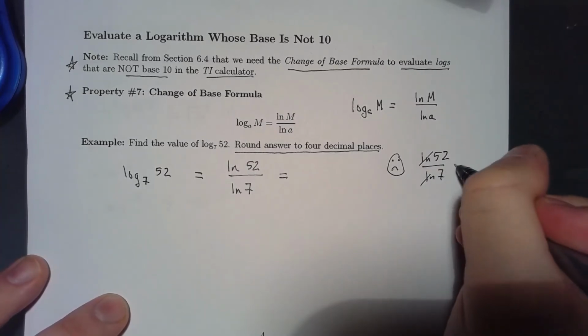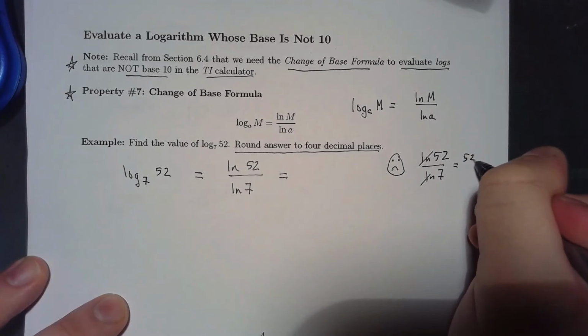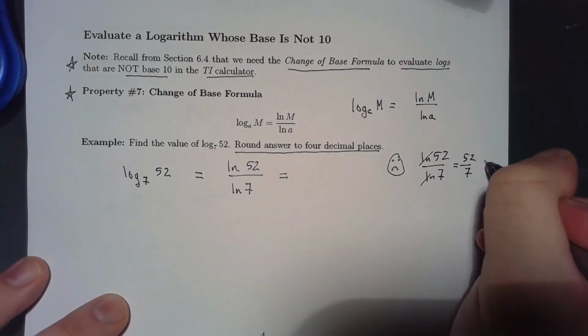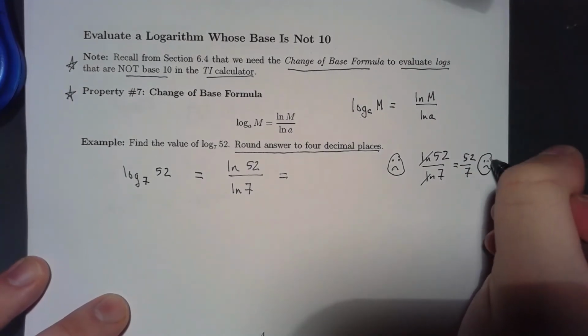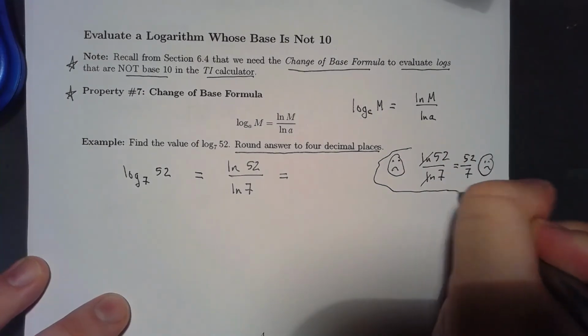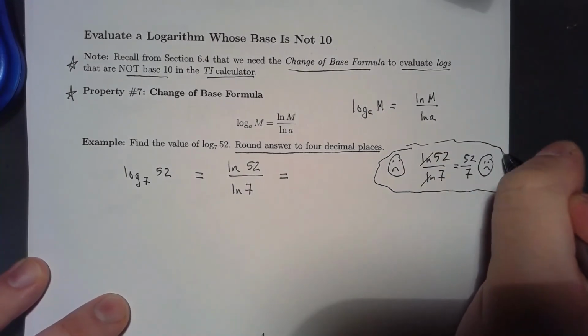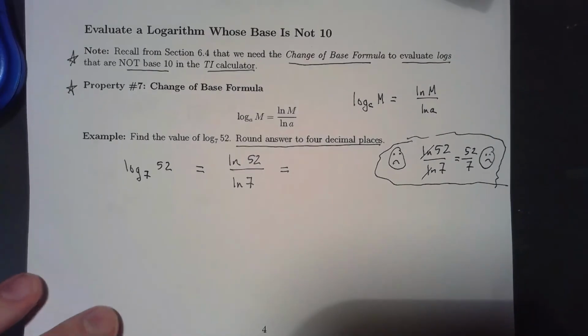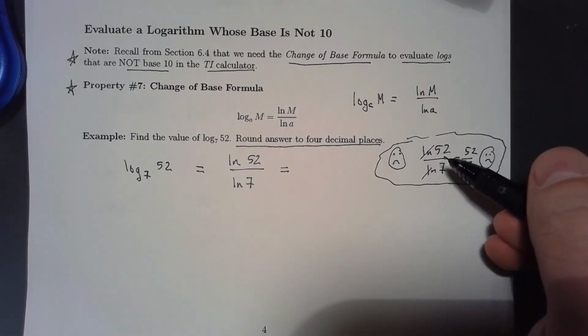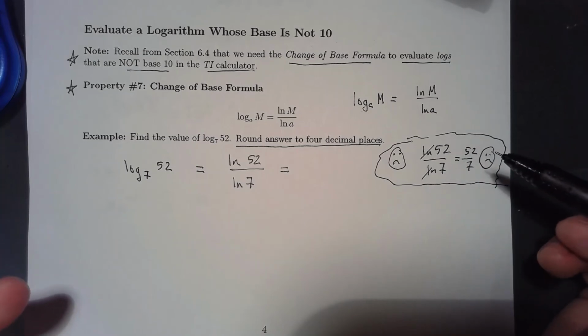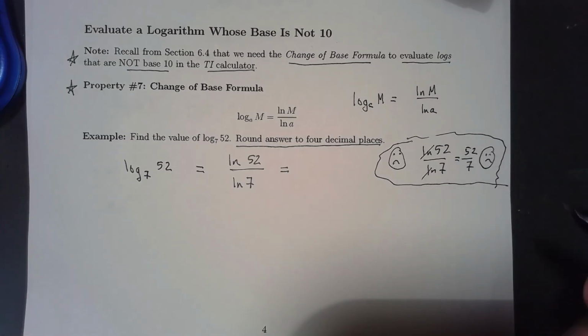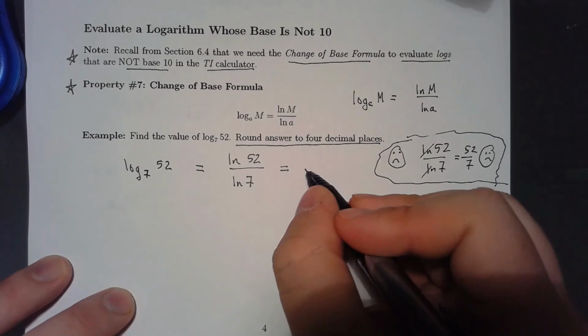Don't do this and get 52 over 7. No, can't do that. I see that mistake a lot. You can't just cancel out ln. That doesn't make sense. That's like saying you're canceling out sine or cosine if you take trigonometry.